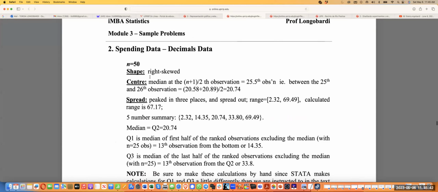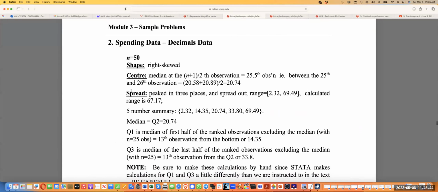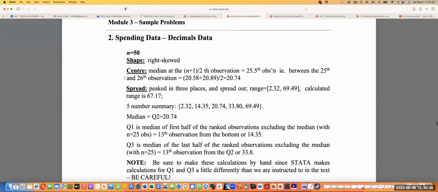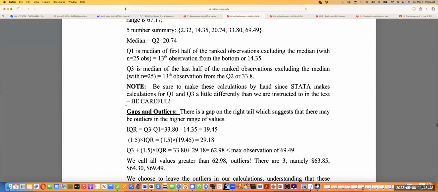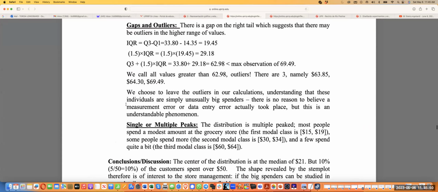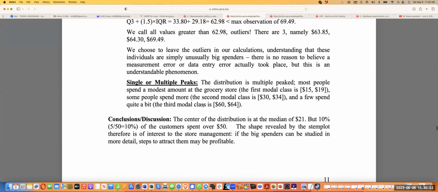I have a description of what we just did: the shape, the center, the spread, the gaps and outliers, all the calculations, and then a discussion of peaks. I put the dollars in just to be more precise. And then I have my conclusion. The center of the distribution is at the median of $21.